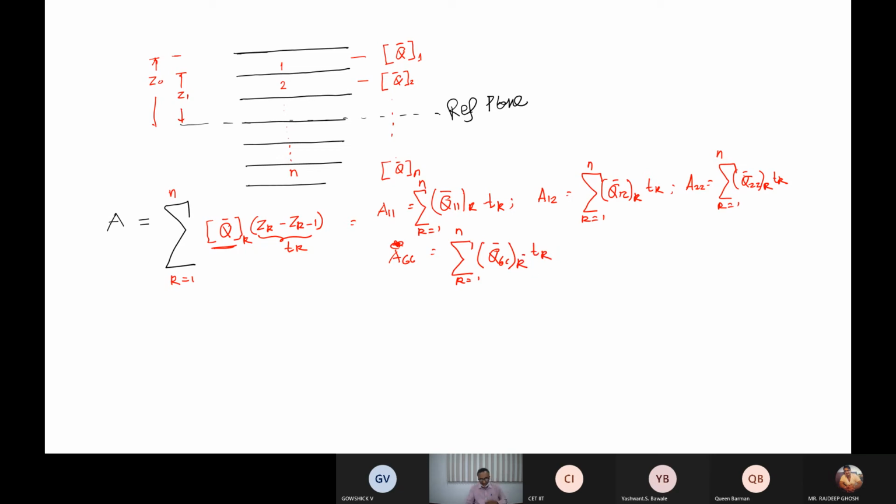Similarly, A16 is the sum over k from 1 to N of Q16 bar k Tk, and A26 is the sum over k from 1 to N of Q26 bar k into Tk. I have done all six. So this is how you calculate the A matrix. For that matter, this is how you calculate the B matrix and D matrix. Is that clear?